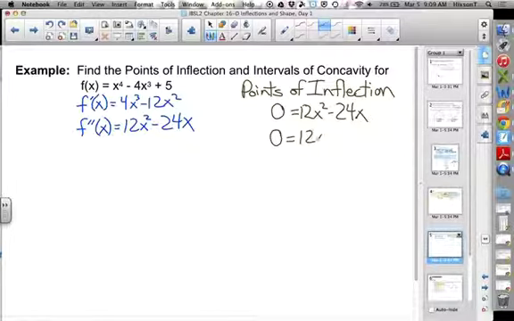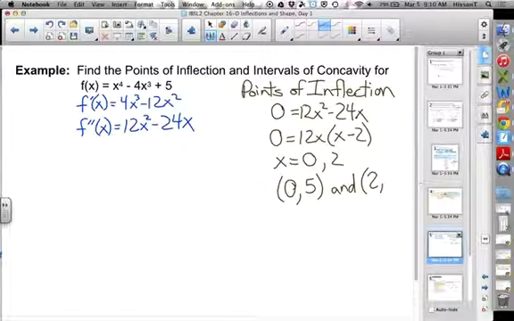In this case, the y-intercept is a point of inflection, 0, 5, and also the point 2, 16 minus 32 is negative 16 plus 5, that's negative 11. So when we go to graph it, those would be 2 more points that we would hit on our graph.